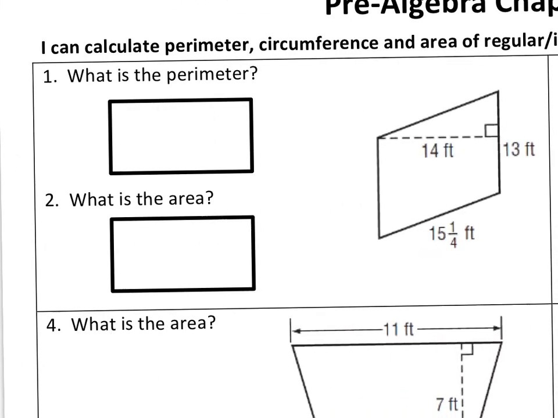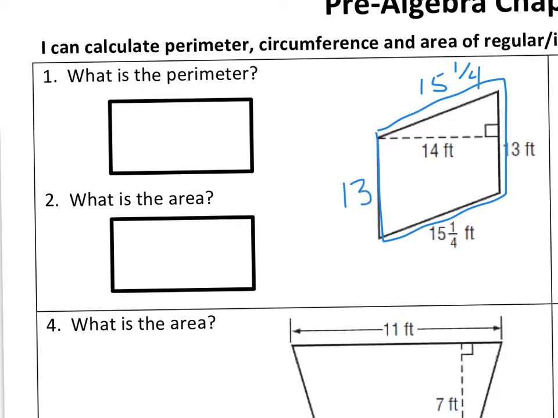It says, what is the perimeter? Well, perimeter is the distance around an object. So, if I see this parallelogram over here, I just have to walk around this parallelogram and, of course, add up all of the sides to find how far I've actually walked. Well, in this case, got to remember this side's going to be 15 1/4 because the opposite side is that same length.